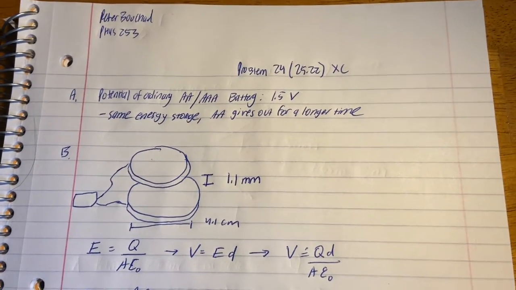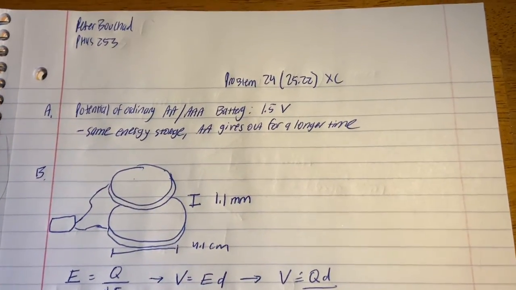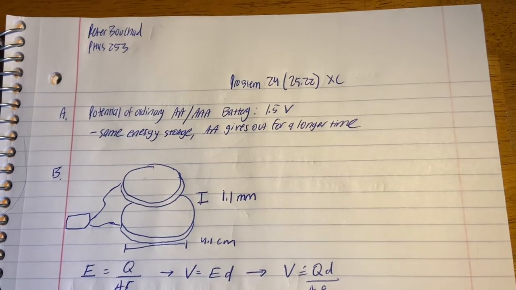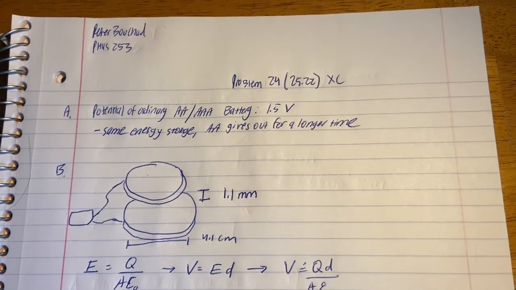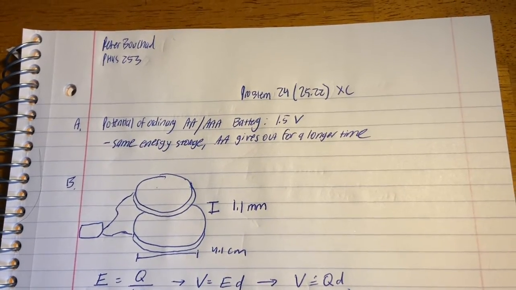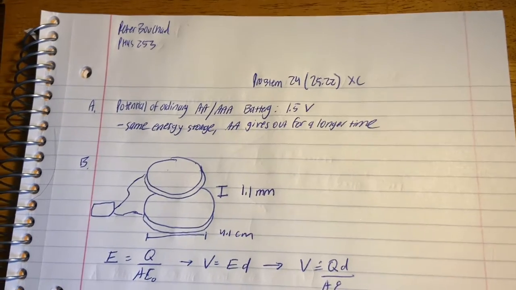The potentials are going to be the same, 1.5 volts. The only thing that's different among them is the size. For a AA battery, even though the potential is the same, it will just give out the output for a longer amount of time.